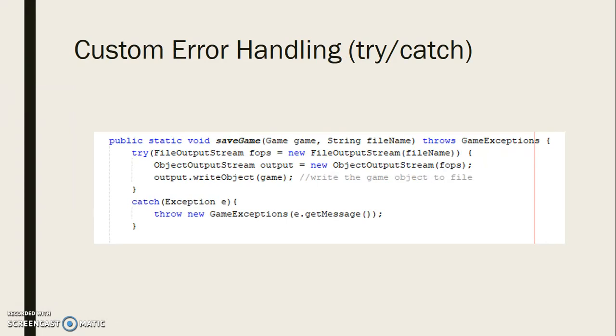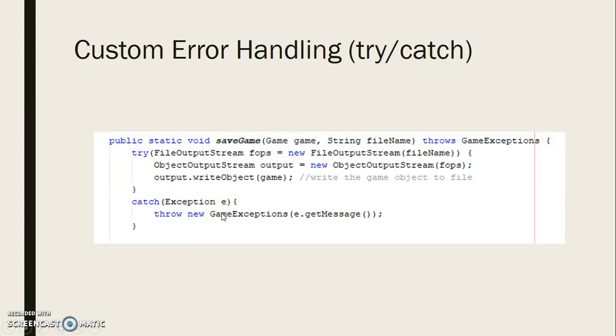Okay, so here is the custom error handling, which is the way that we can handle the runtime errors in Java. We use the try and catch statement for catching errors. This instance is the function that we built to save our game. So we wrapped the game saving pieces within this try, and we catch exceptions, which is a high level.